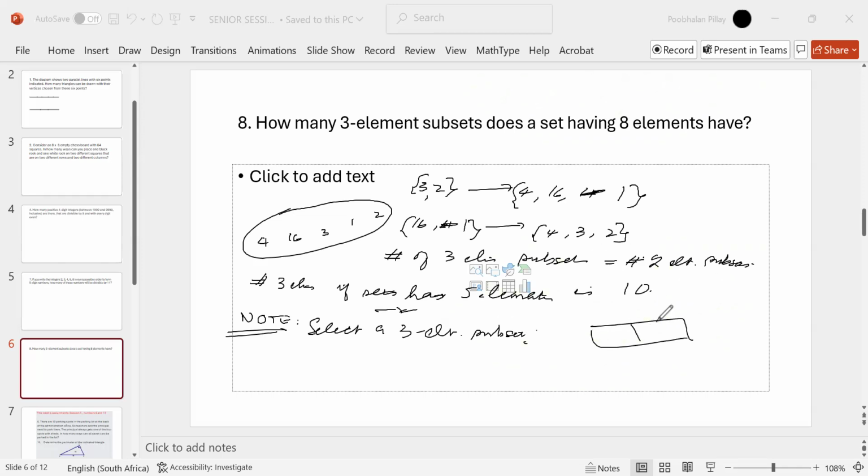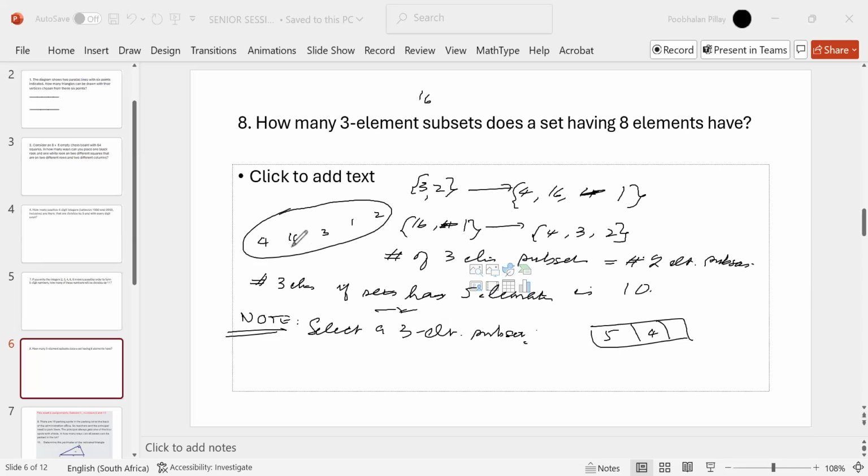So I'm going to choose the first number. The first number can be chosen in 5 ways. It could be 4 or 16 or 3 or 1 or 2. So there are 5 ways in which you choose the first one. The second one, you can choose in 4 ways. Once you choose the first one, if I choose 16, the second one I can choose from any one of 4, 3, 1, 2.